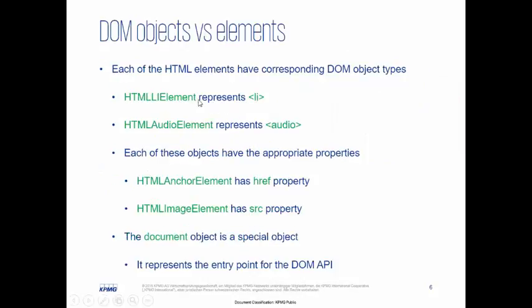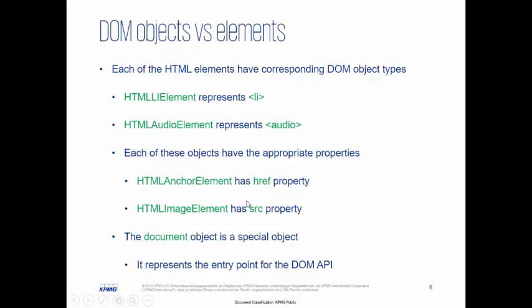Then we have different objects which represent specific elements. For example, HTMLLIElement, that's a JavaScript class that represents a list item, like this one. Or HTMLAudioElement, which represents an audio tag, which is relatively new, by the way. Also some of the properties have names, like HTMLAnchorElement that has an href property or src property.